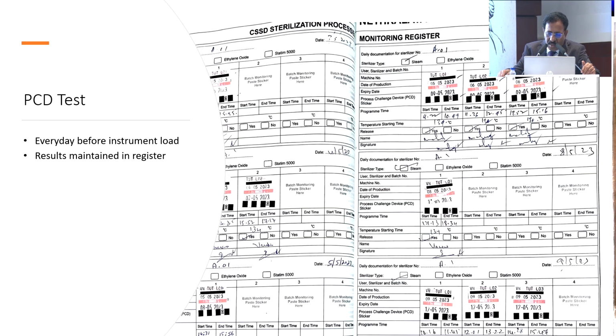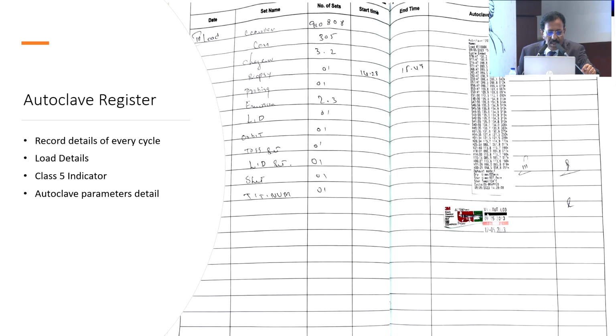Then process control tests have to be used every day before loading the instruments, and again these are manual or electronic printouts, which you need to maintain in the registers. This is the type of sterilization monitoring register, and all these are available with the vendors. Anand Enterprises is one vendor who gives all these registers.